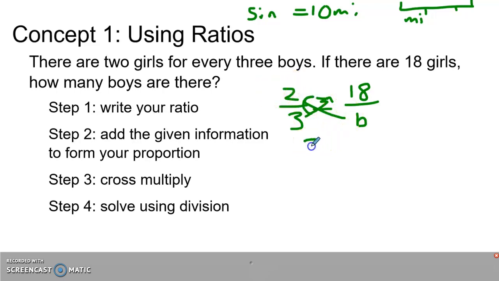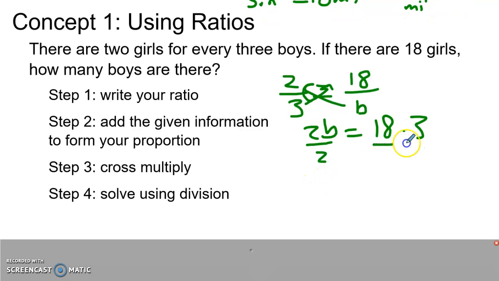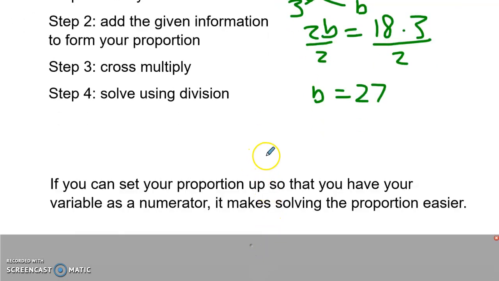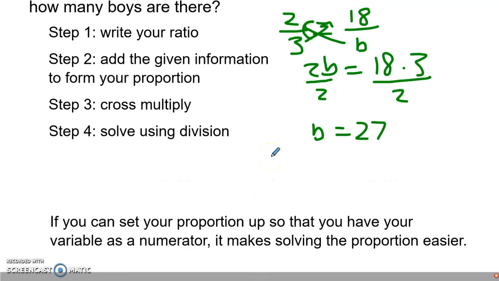And I end up with 2b equals 18 times 3, divide by 2, divide by 2, and b equals, let's see, 18 divided by 2 is going to be 9. 9 times 3 is 27. 27 boys.